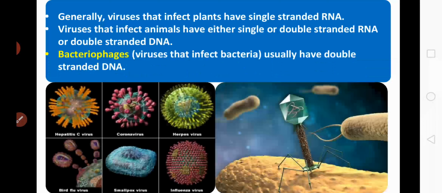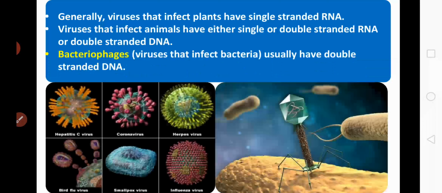Generally, viruses that infect plants have single-stranded RNA. So, the viruses which infect plants possess single-stranded RNA as the genetic material, whereas the viruses that infect animals have either single or double-stranded RNA or double-stranded DNA as the genetic material.